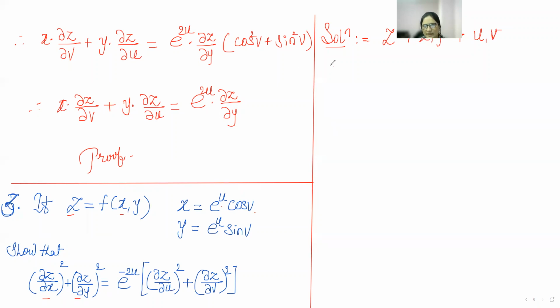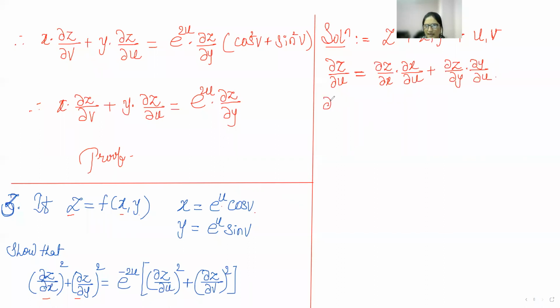So taking the derivative of z with respect to u first, by using chain rule, it is dou z by dou x into dou x by dou u plus dou z by dou y into dou y by dou u.